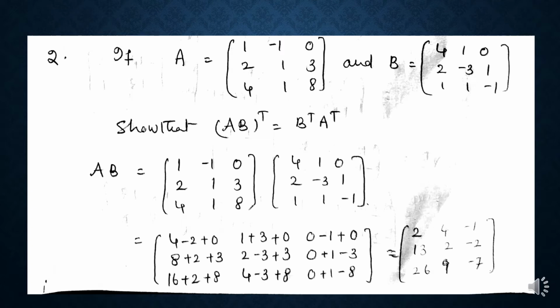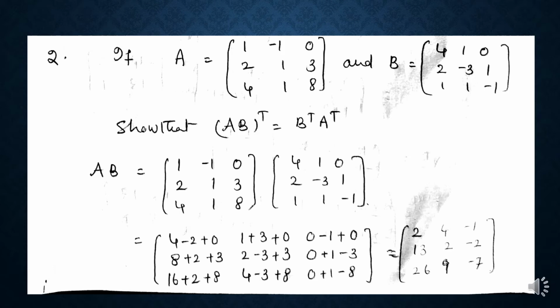Second row and first column: 2 into 4 is 8, plus 1 into 2 is 2, plus 3 into 1 is 3. 2 into 1 is 2, 1 into minus 3, plus 3 into 1 is 3. 2 into 0 is 0, plus 1 into 1 is 1, minus 3 into minus 1 is minus 3.